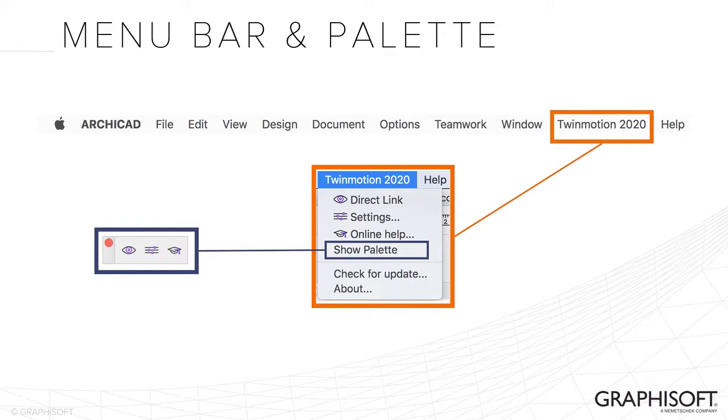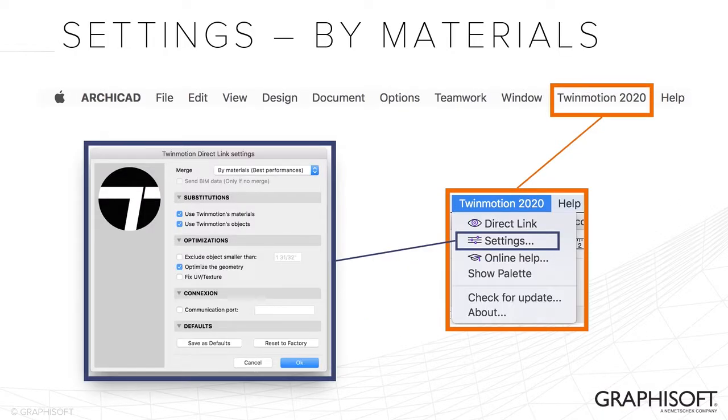Once we have the add-on installed, you'll notice a Twinmotion 2020 link at the top, which allows you to show the palettes on and off for quick access to these settings. In the settings, there's two types of export, either by material or no merge.